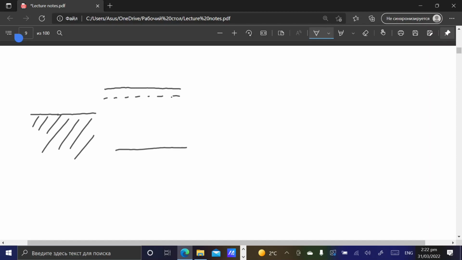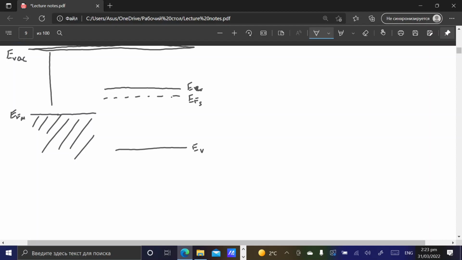They are at some point isolated also, but in this case you can show here the vacuum level, EV, EF of the semiconductor. This is EV, this is EC, and this is EF of the metal.